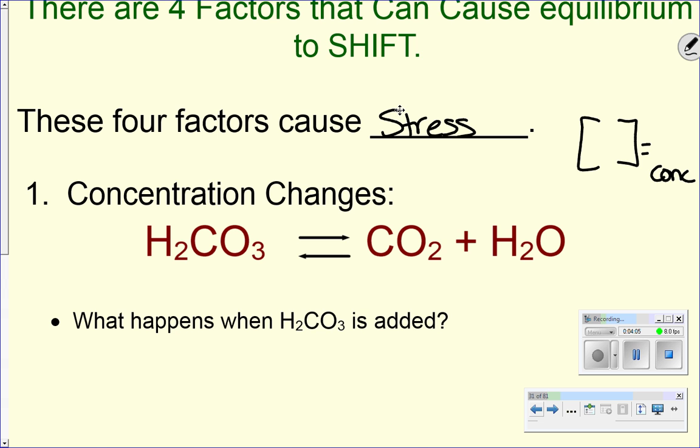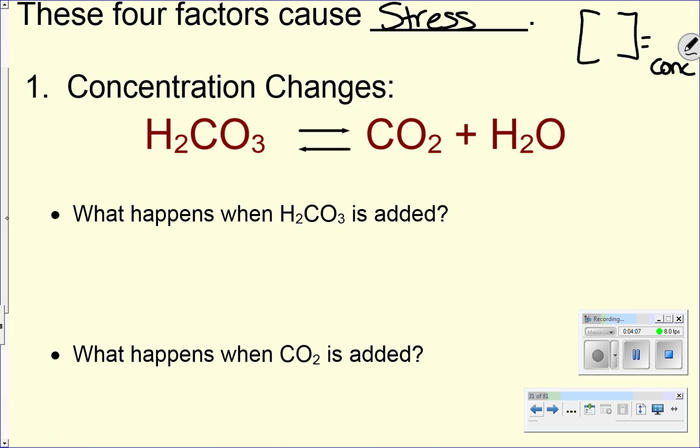So let's take a look at this reaction right here. If we have H2CO3 breaking down into carbon dioxide and water, if we were to add more H2CO3 to this, since I'm increasing the amount of this, I'm going to have more of that to decompose to CO2 and H2O.